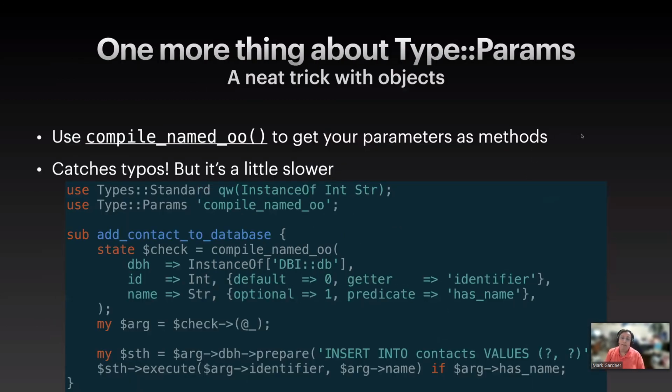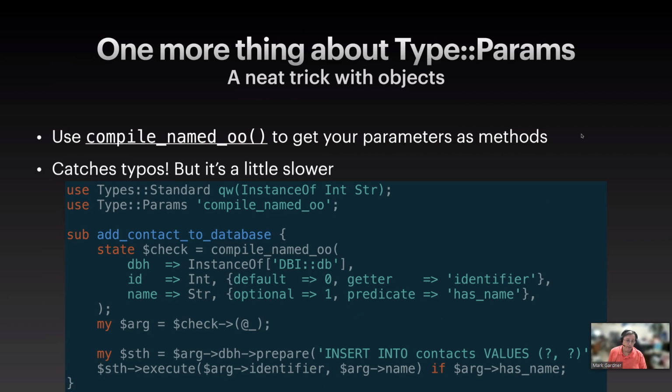One other thing about type params, it has a neat trick where you can use this other function called compile named OO, where your named parameters, instead of turning into hash keys, will turn into methods. This is really nice because if you're just using hash keys, you might make a typo.